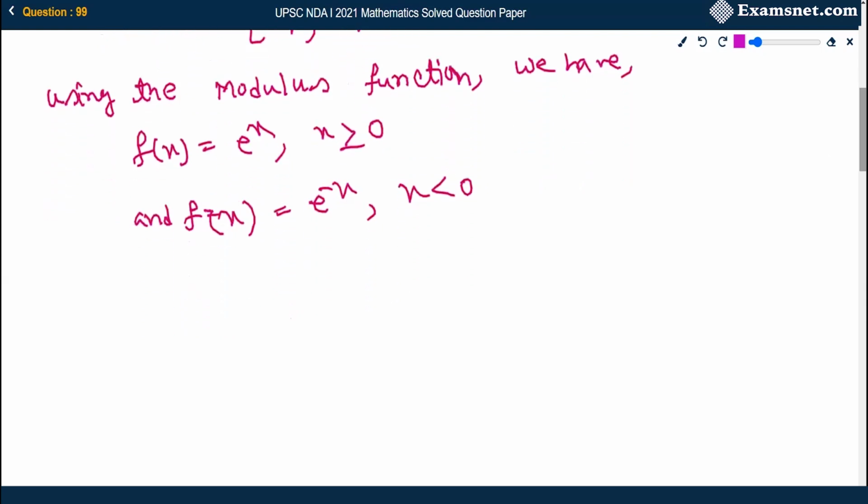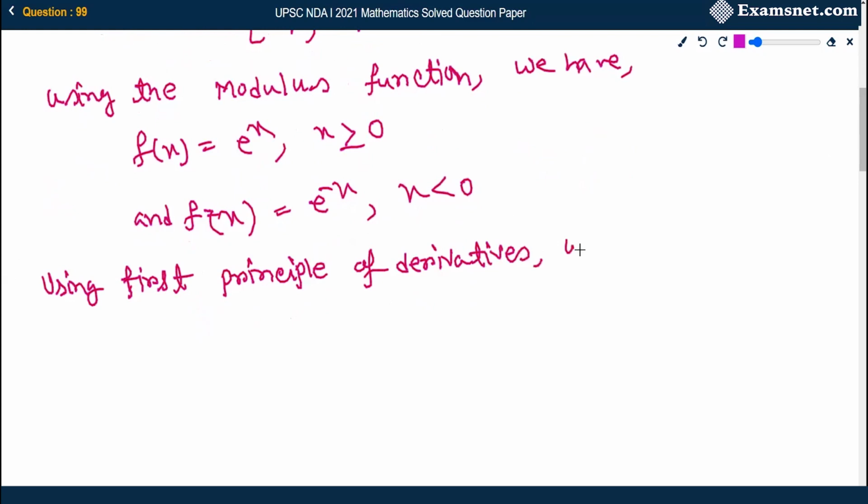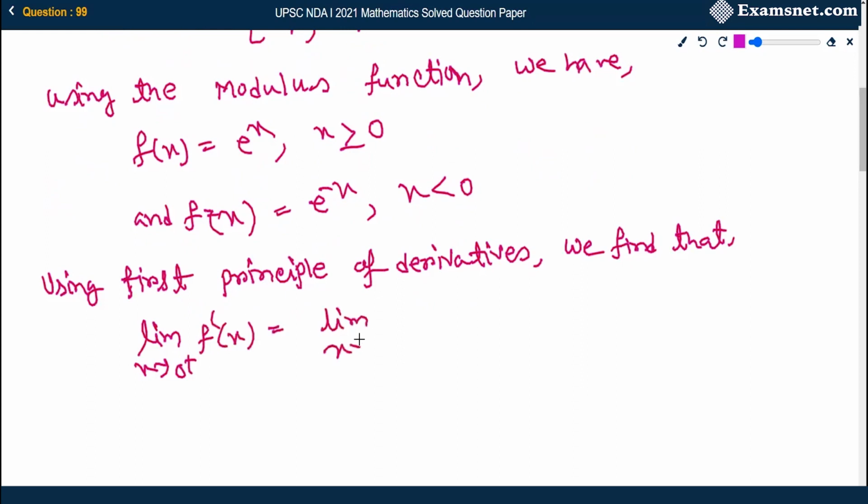Okay, so using the first principle of derivatives, we find that limit x tends to 0 plus, the right hand limit. Here, for the right hand limit, I'm taking the function e to the power x, because here x is greater than or equal to 0.